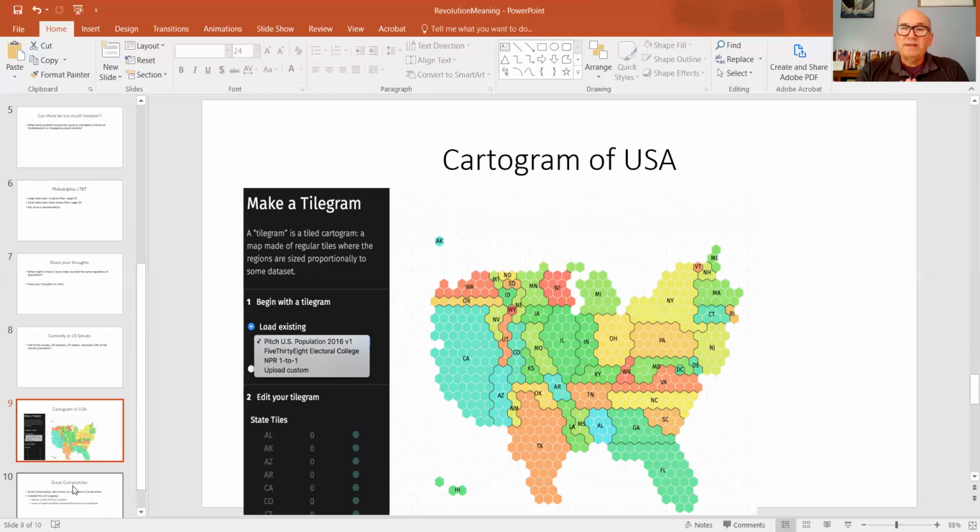We're probably not too surprised by this, and this is a specially designed map. That's what a cartogram would be. And we can see here that if you change the shape of states to reflect their overall population compared to other states, some states are going to be much bigger than other states.